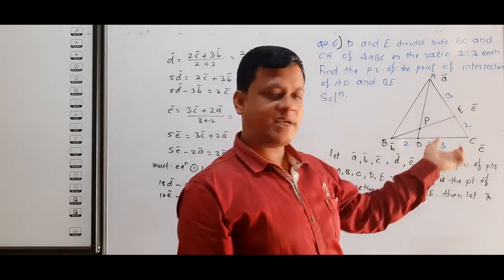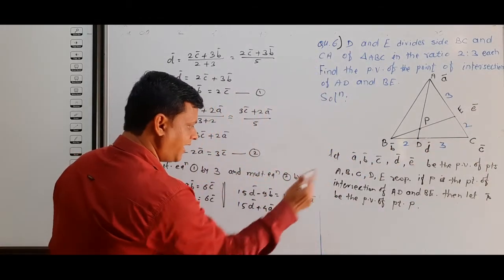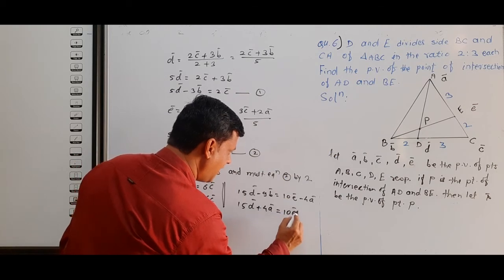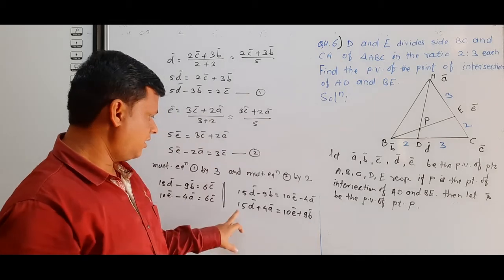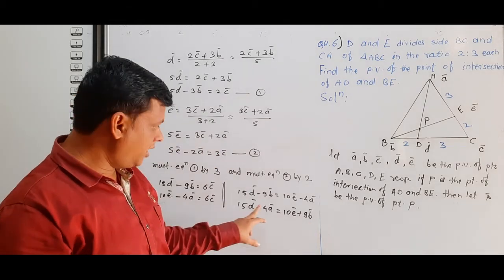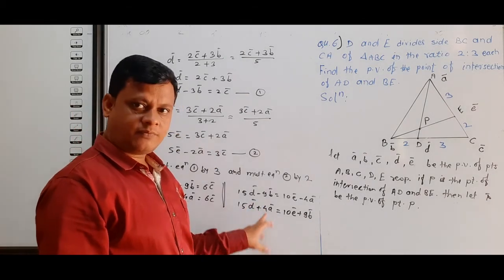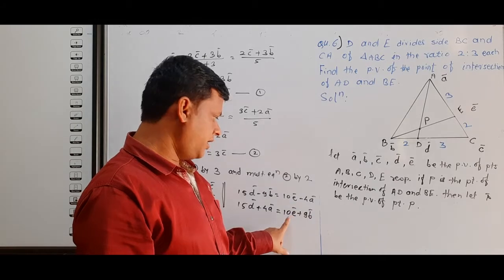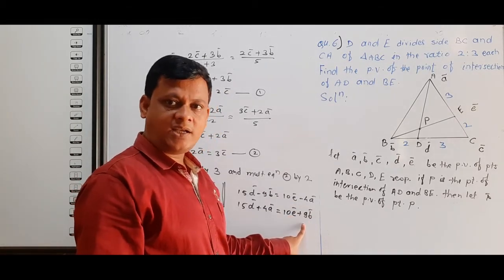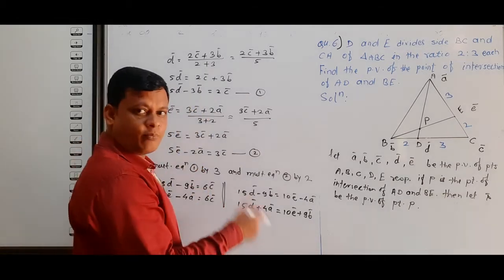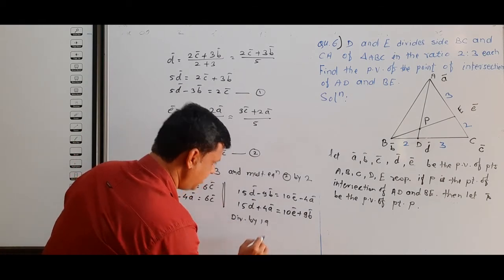So on one side we require vector B and vector E. So transfer this vector B to the right hand side. We write here 10E bar plus 9B bar. Now here in place of m the value is 15, in place of n the value is 4. So 15 plus 4 is 19. Observe the RHS. Here the value of m is 10, the value of n is 9. So 10 plus 9 is 19. So we have to divide both sides by 19.